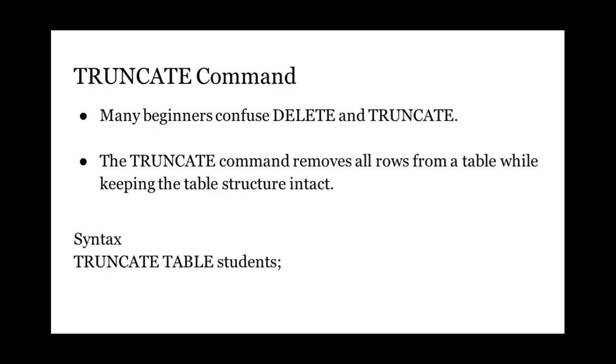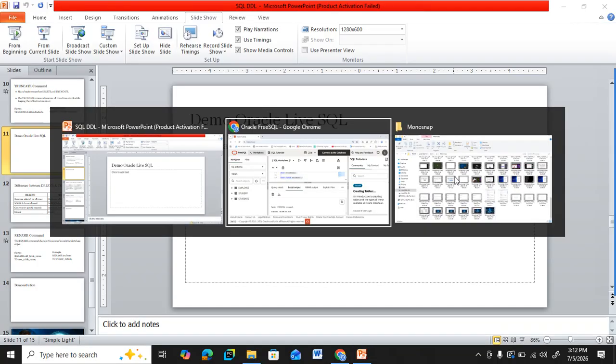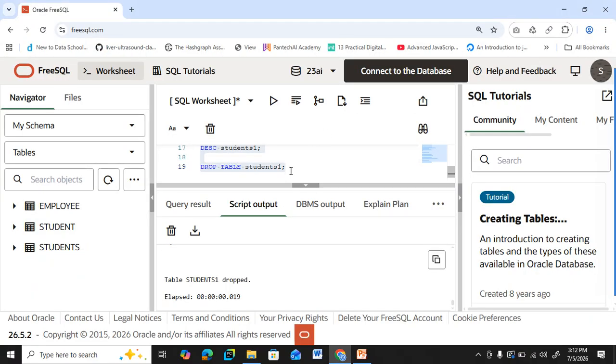The syntax for this truncate command is truncate table students, and this is the example. We can see with the help of the select command whether entries from the table are removed or not: select star from students. Now we'll have a demonstration, and again we'll go to Oracle Live SQL.